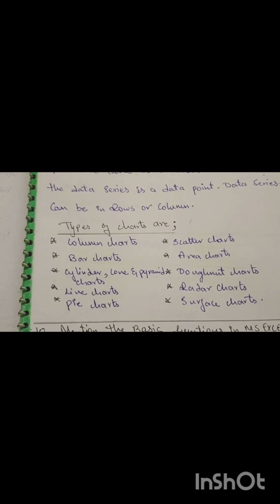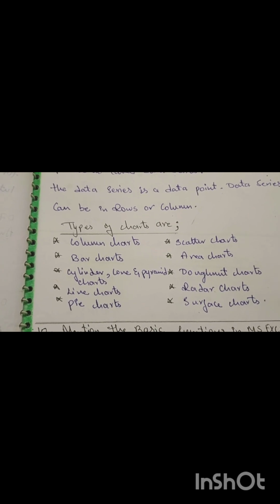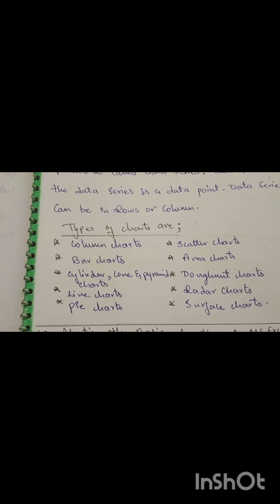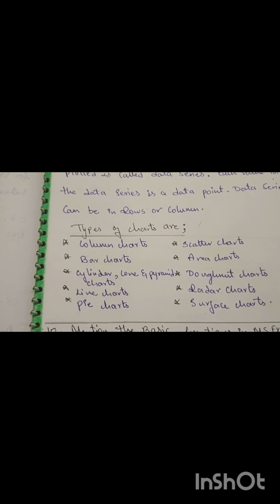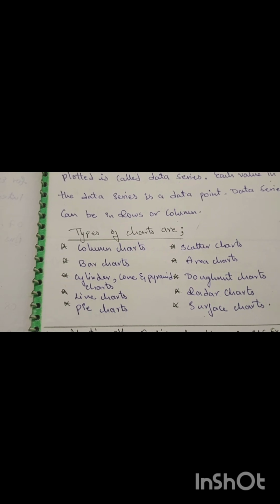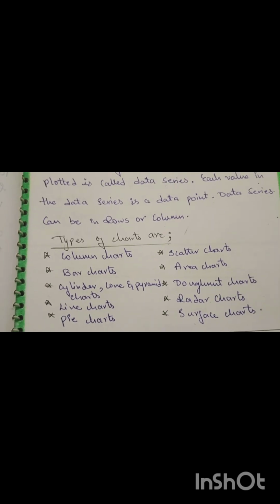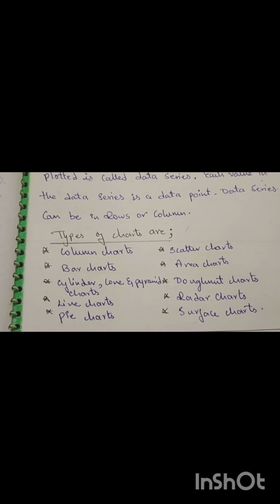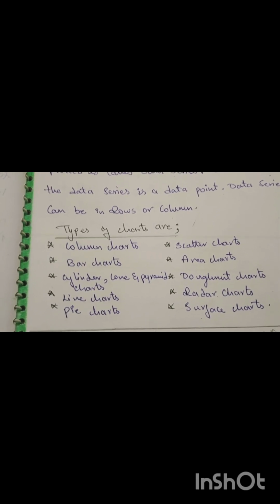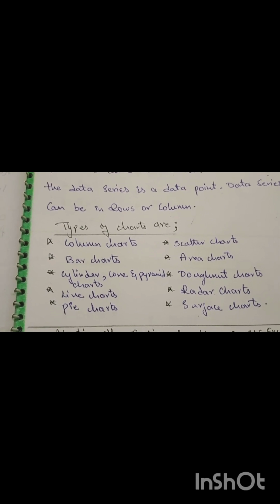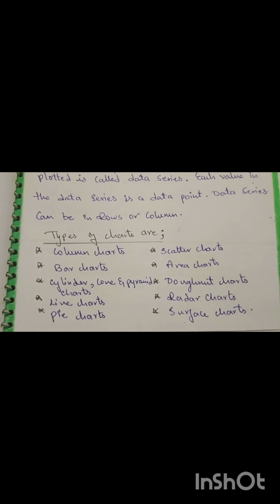Types of charts you can create in Excel are column charts and bar charts. Bar charts and pie charts are common even for school students, like cylindrical, cone, pyramid, line charts, scatter charts. Scatter charts are the most important charts, used more by professionals and business companies.